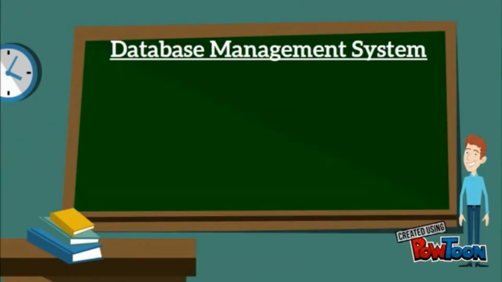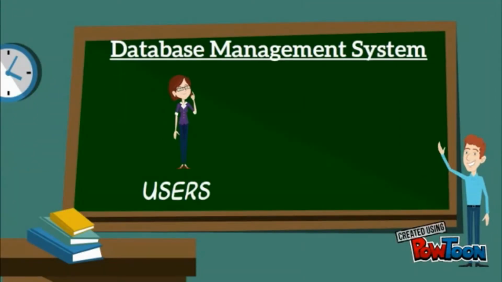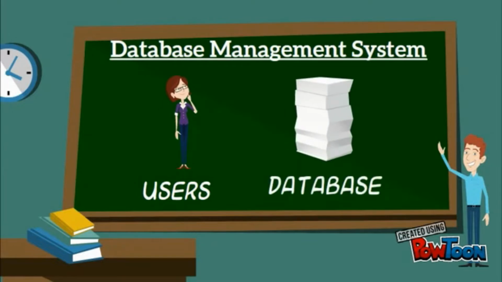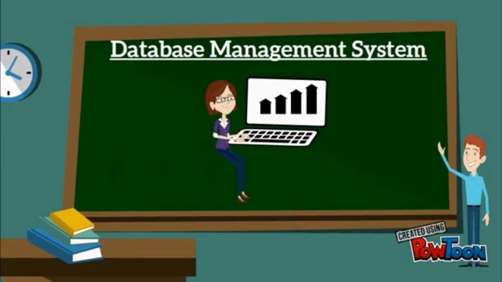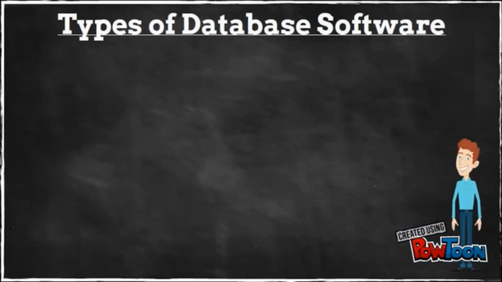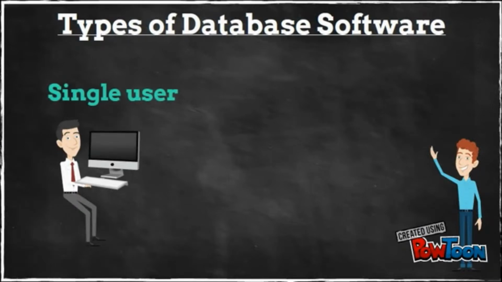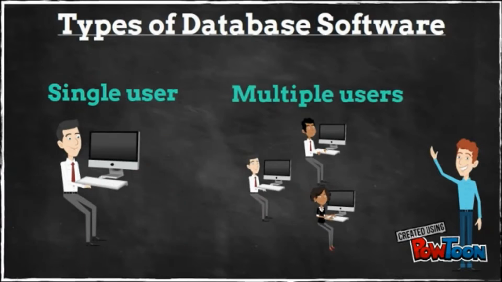A DBMS provides an interface between users and the database to ensure that data is consistently organized and remains easy to access. There are two types of database software: single user, which means only one person can use the database at a time, and multiple user, which allows dozens or hundreds of people to access the same database at the same time.